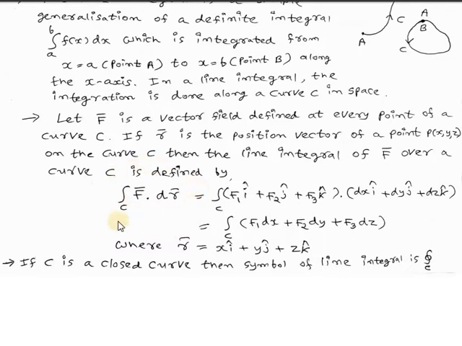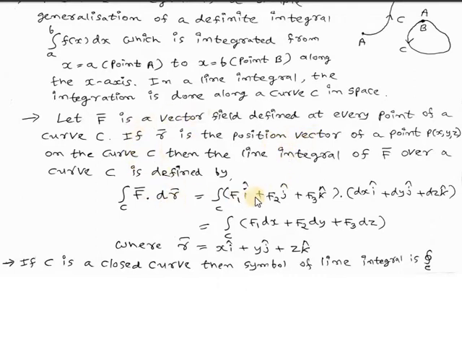This is basically the definition of line integral. Here C is written because we are integrating along a curve C. So here f bar is any vector and r bar is the position vector.